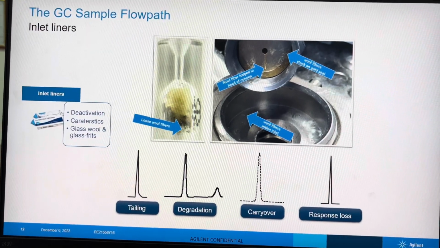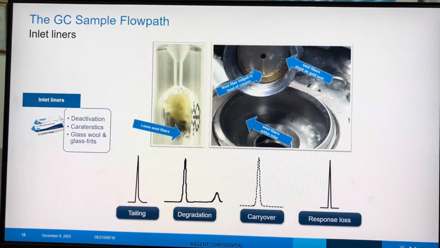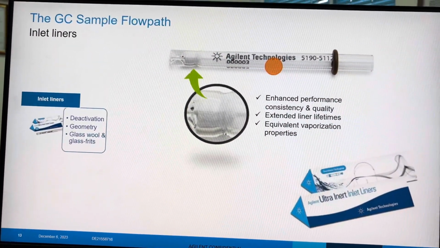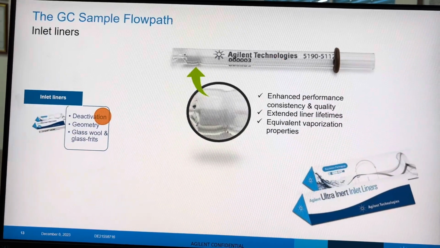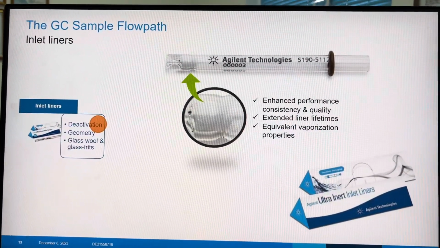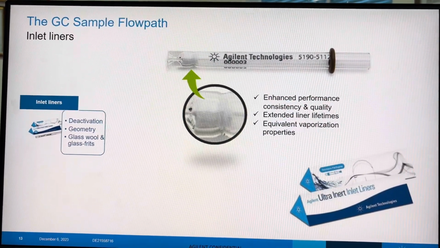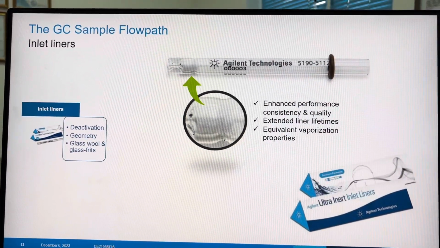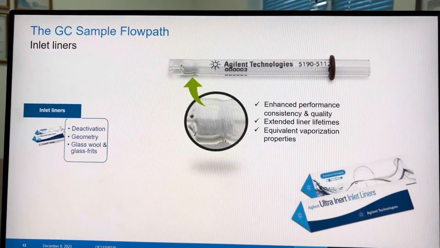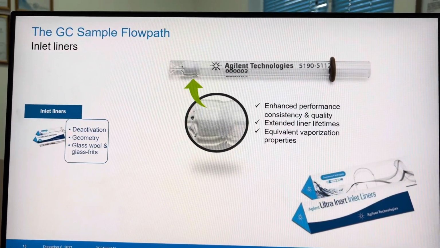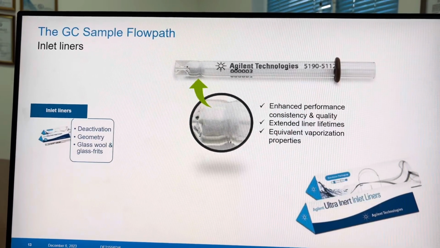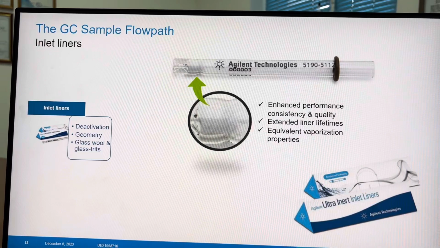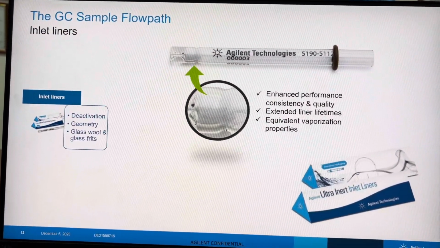And for liners, there are a lot of factors. The first one is deactivation, and then the geometry of the liner, the volume of the liner, whether it is a 4 ml or 2 ml capacity. It depends on the instrument model. You need to select it carefully. Another important thing is the expansion volume after conversion into gases. Let's say acetonitrile or methanol, if you inject, each one has a different expansion volume.